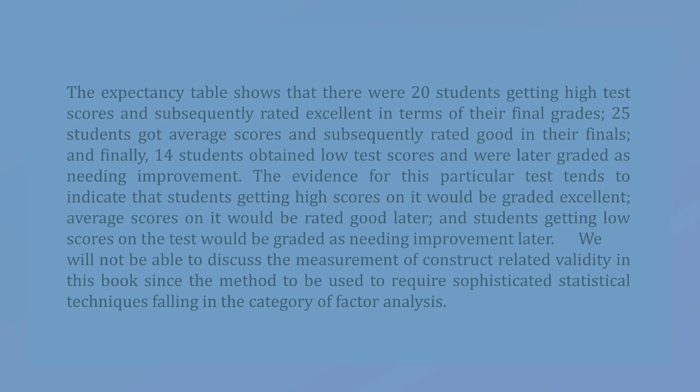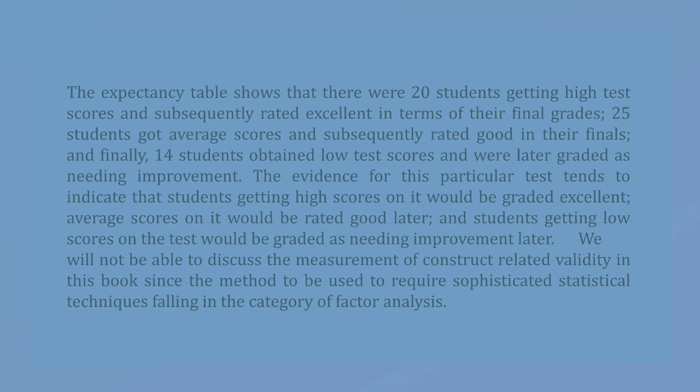The explanation for the table: the expectancy table shows there were 20 students getting high test scores and subsequently rated excellent in terms of final grades. 25 students got average scores and subsequently rated as good in their finals. And finally, 14 students obtained low test scores and were later graded as needing improvement.